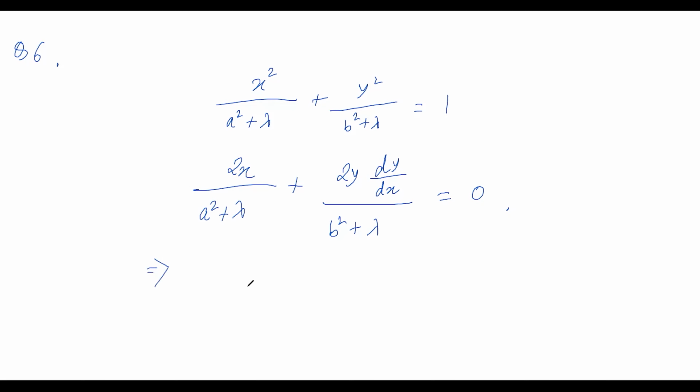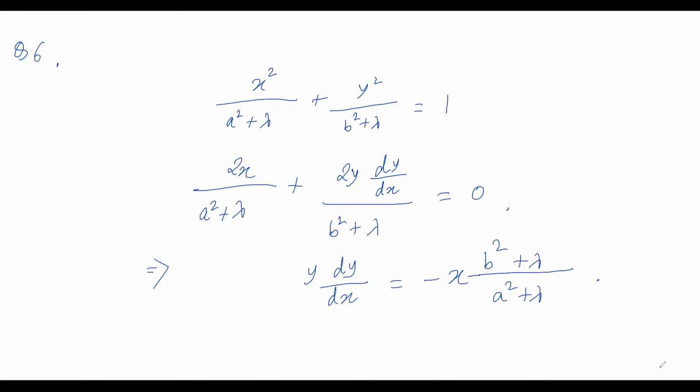And now from here, if you just calculate out y times dy by dx, you'll get it to be equal to, take this part on the other side and just cross multiply. So you will get minus x times b squared plus lambda by a squared plus lambda.